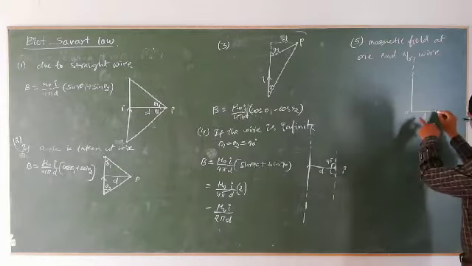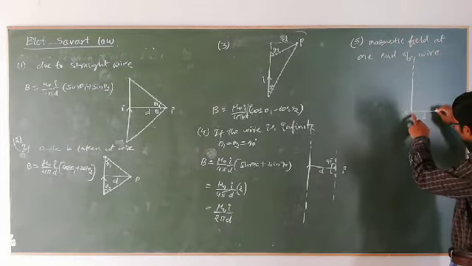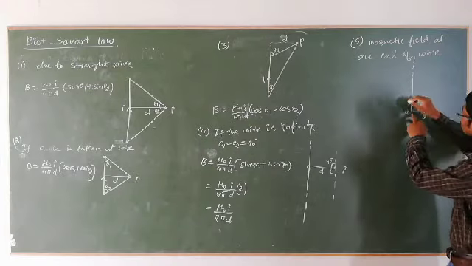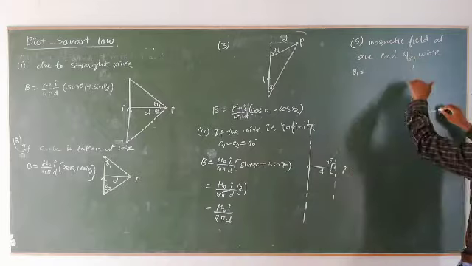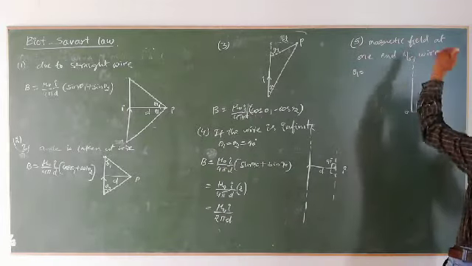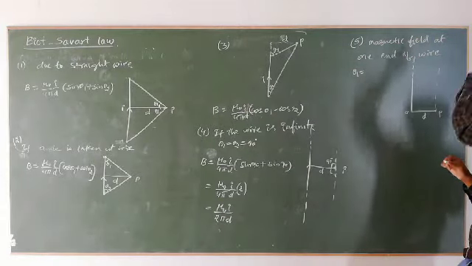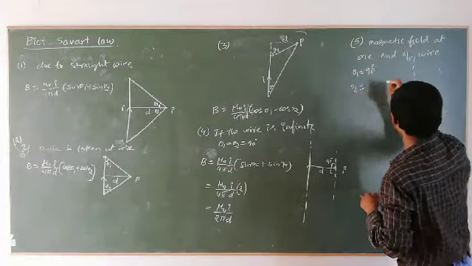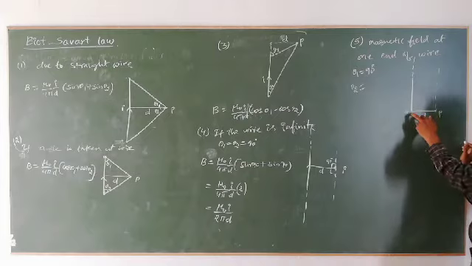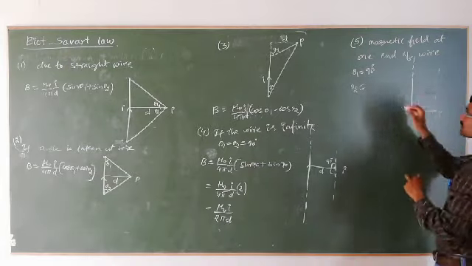You can see that at one end it is making an angle theta 1. This is infinity, which means it goes on somewhere, then theta 1 is equal to 90 degrees. But what is the angle at this end, which is along the same line? Theta 2 is equal to 0.